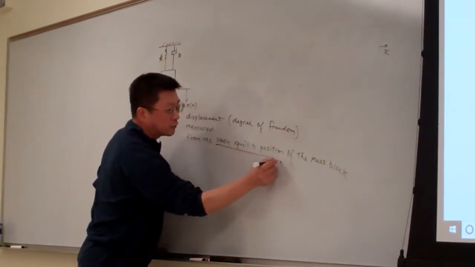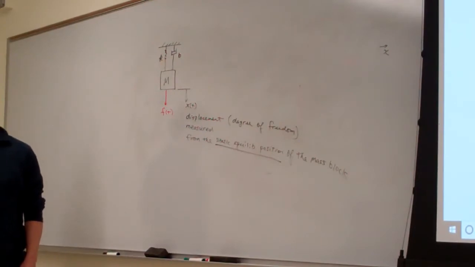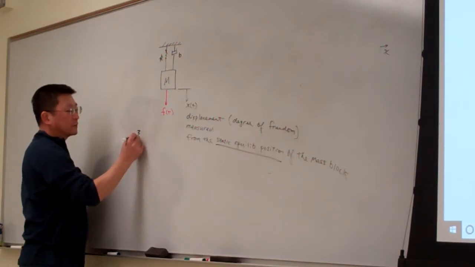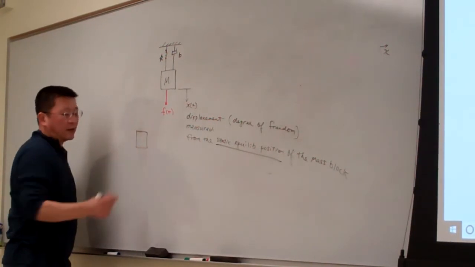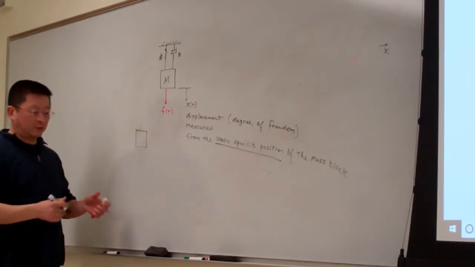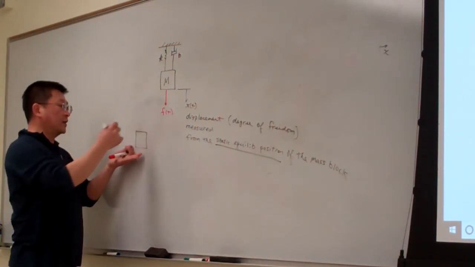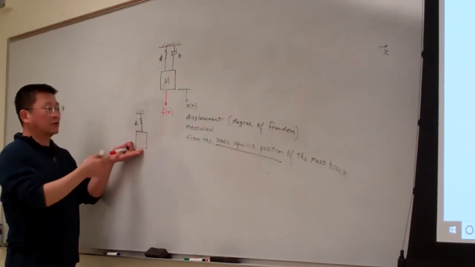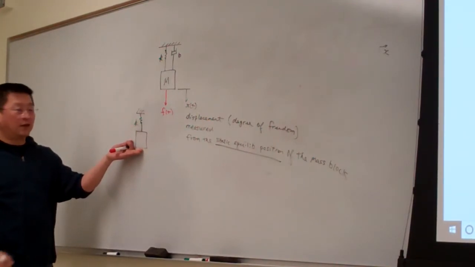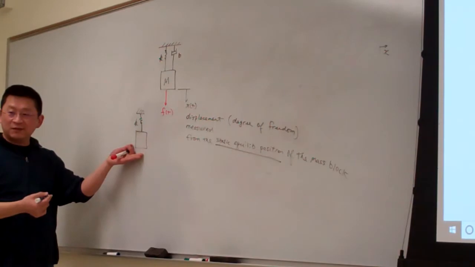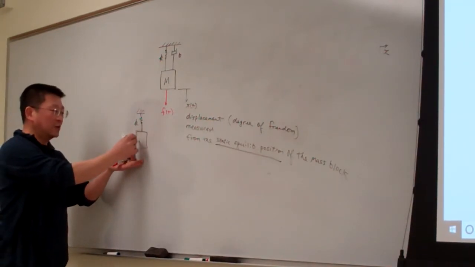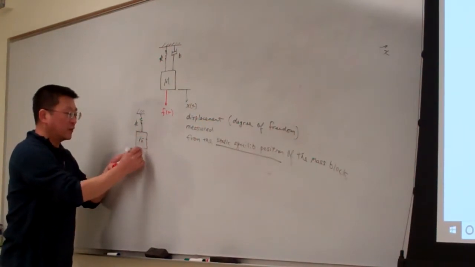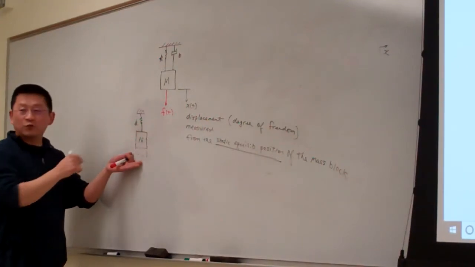Here I want to explain what a static equilibrium position is. Here we have the mass, and say I hold it, hanging on the spring, and then I gradually release my hand. Due to its own weight, it will displace a little bit to be in balance with the spring.